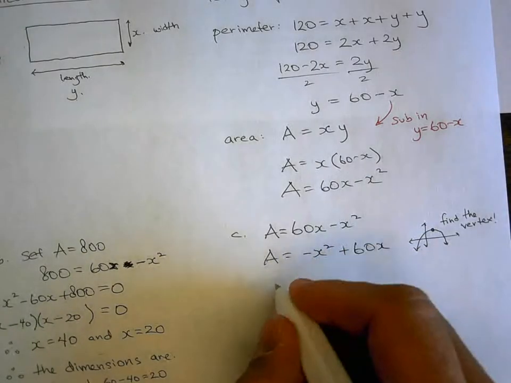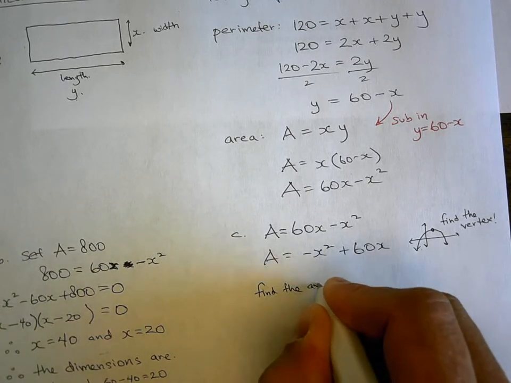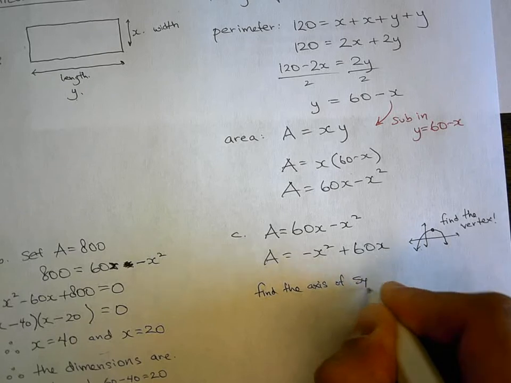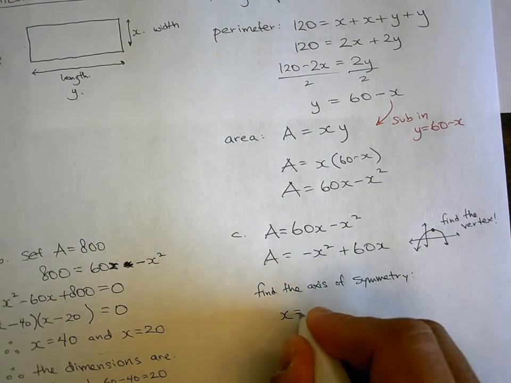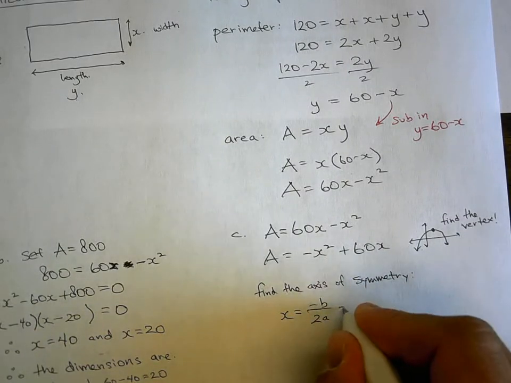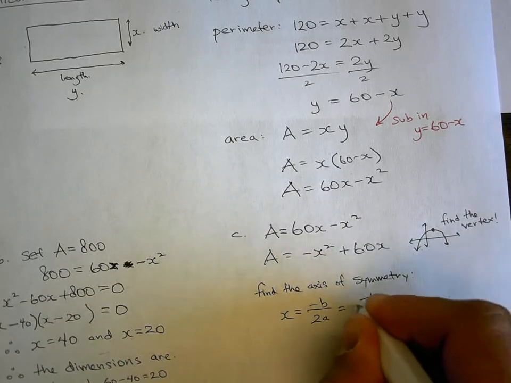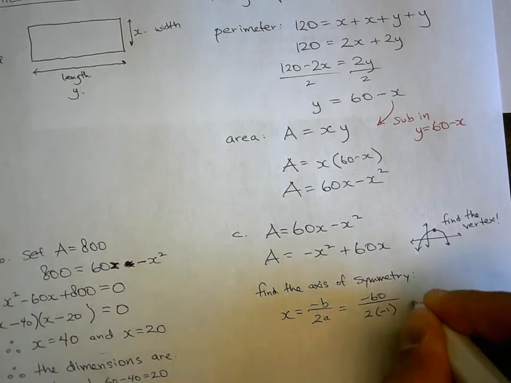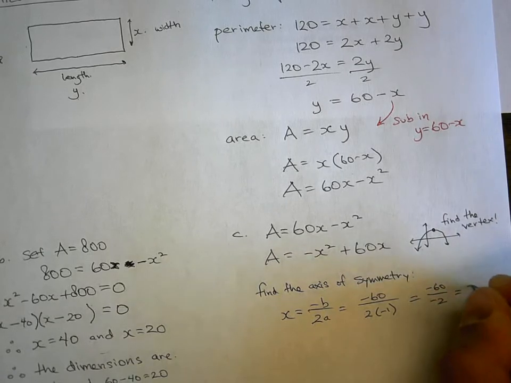So find the axis of symmetry. So x is equal to negative b over 2a. That's a formula on your formula sheet. B in this case is 60, so I have negative 60 over 2 times negative 1. That gives me negative 60 over negative 2, which gives me 30.